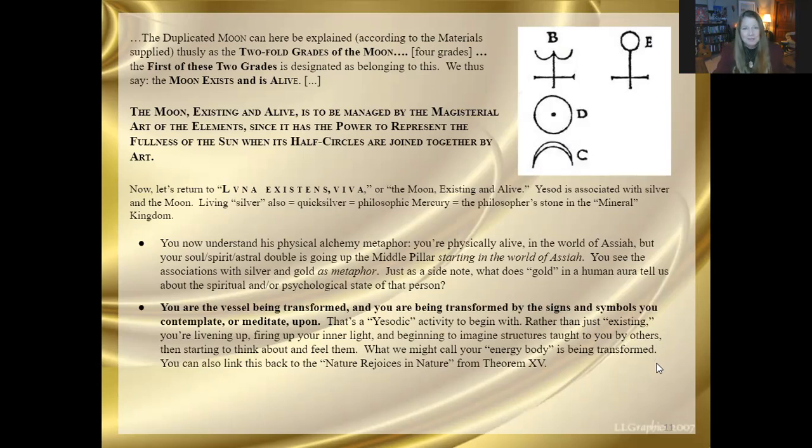Okay, your moon is really alive. And you're beginning to imagine structures that are taught to you by other people. That's a Yesodic activity. You can also link this back if you want to the nature rejoices in nature from Theorem 15. You can do like my friend Vincent Bridges did when he considered 15 the tantric key to the whole thing.